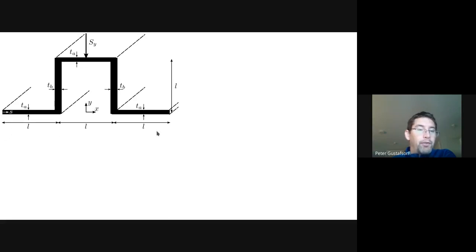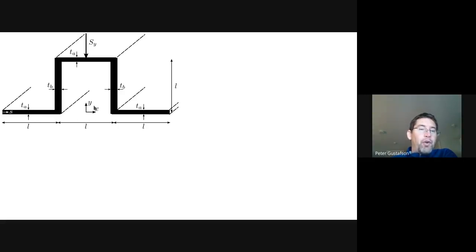The total width of this is 3L, with thickness TA for length L on the left-hand side, and thickness TA for a subsection L on the right-hand side. It is going to be symmetric about the y-axis. We've got vertical shear webs here that are going to be thicker than the flanges at the top and the bottom. So TB is going to be thicker than TA. We'll just track them separately with 2 different variables.